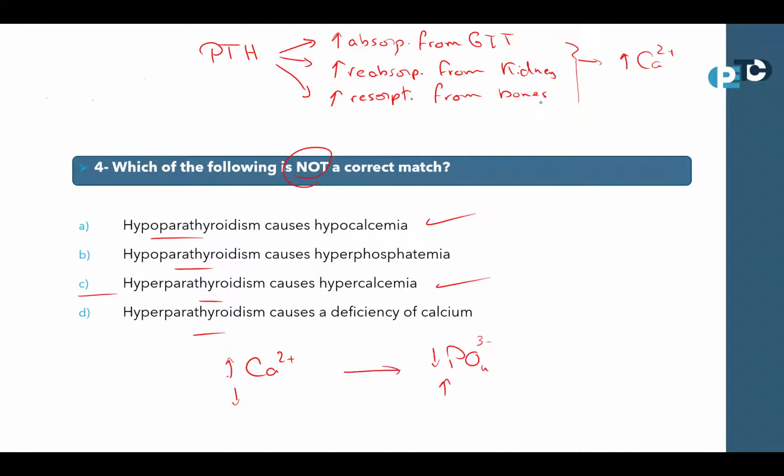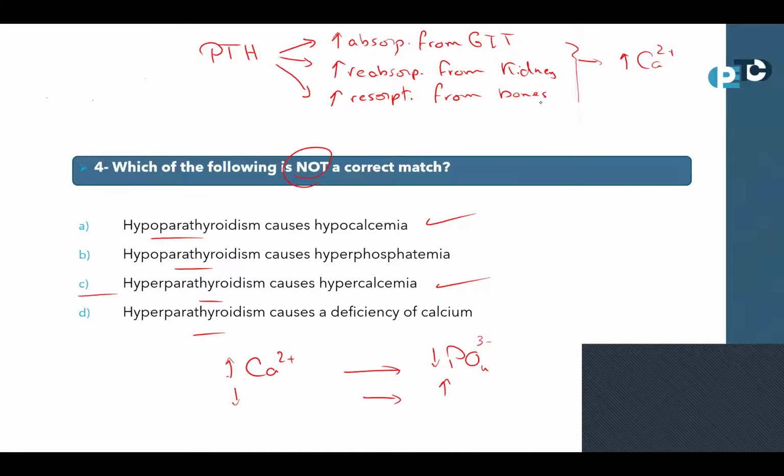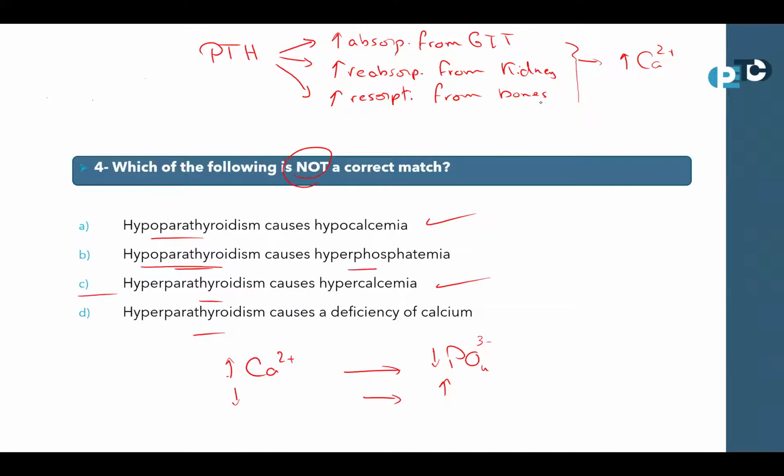Increase in calcium, so decrease in phosphate. Or if we have decrease in calcium, we have increase in phosphate. Hypoparathyroidism means decrease in calcium, so increase in phosphate. So this is the right statement also. Therefore, the last one is wrong. Hyperparathyroidism causes deficiency of calcium, which is a wrong statement. Please don't forget this relationship. It is important to memorize it.